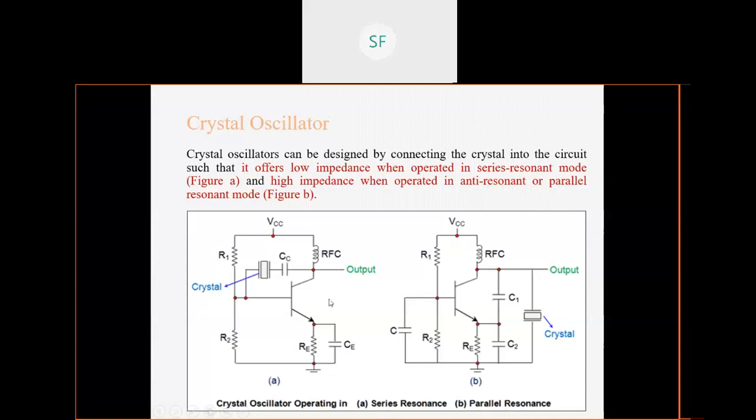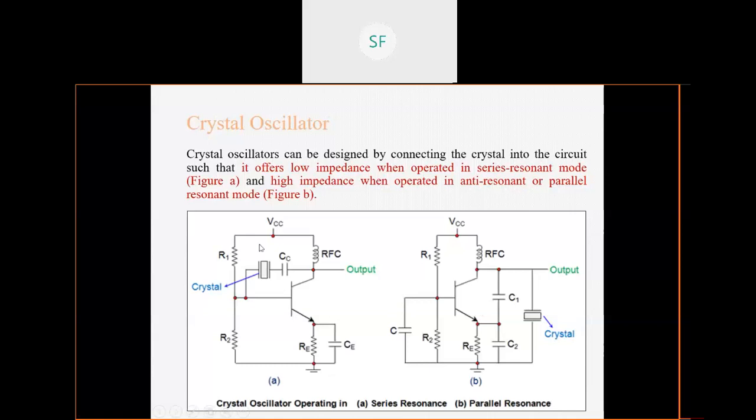If you want your crystal to vibrate in series resonance, you need to connect the crystal in this fashion, whereas if you want your crystal to oscillate with the parallel resonant frequency, you need to connect your crystal in this fashion. So these are two different circuit diagrams.